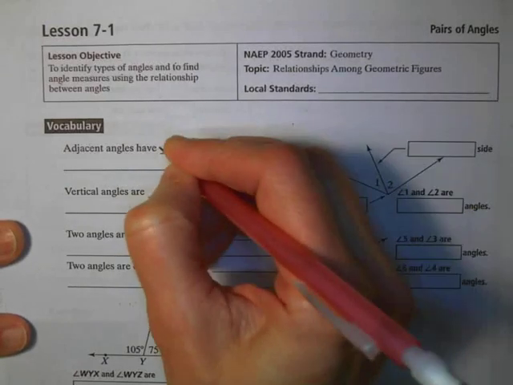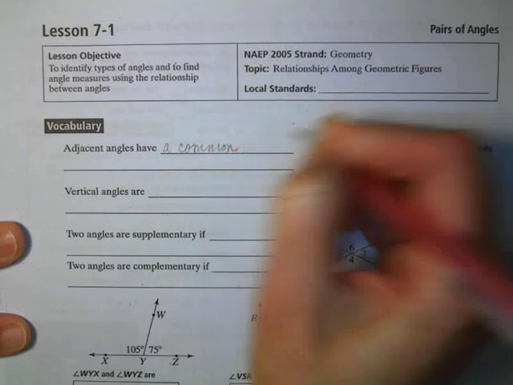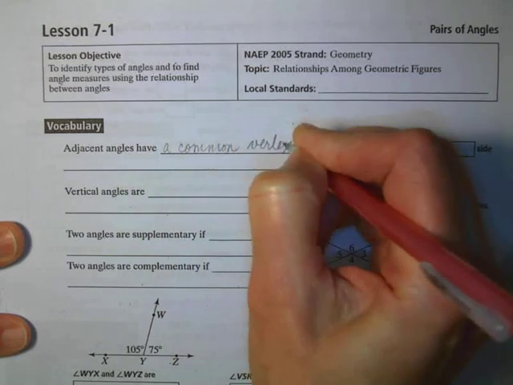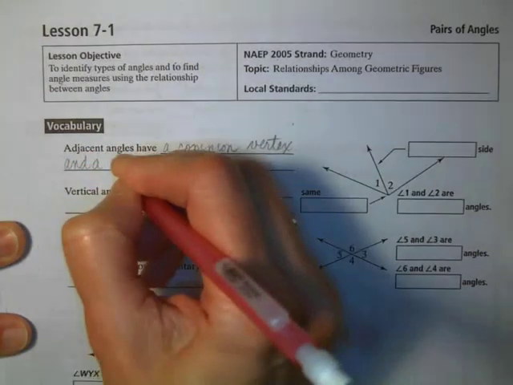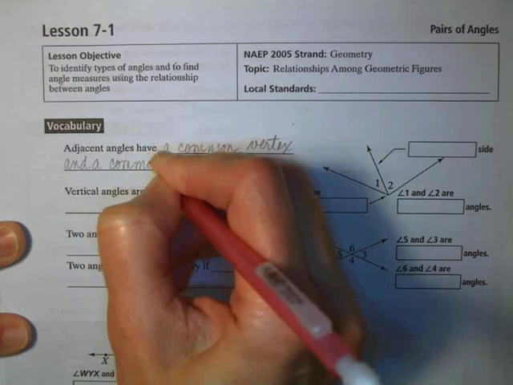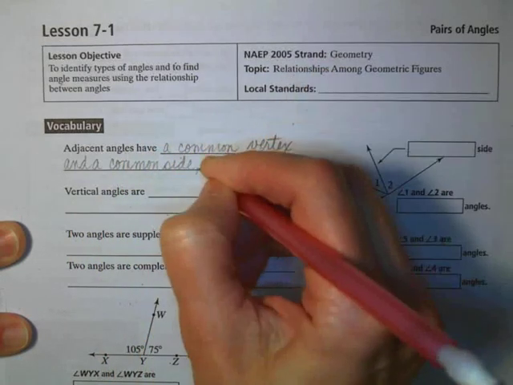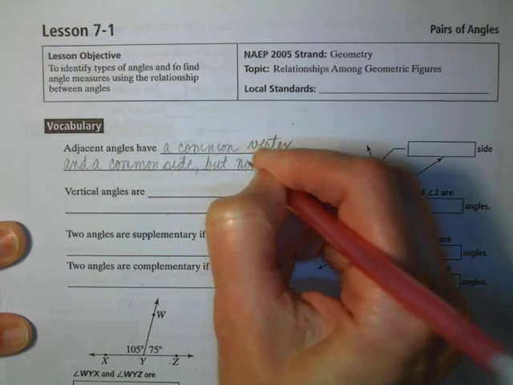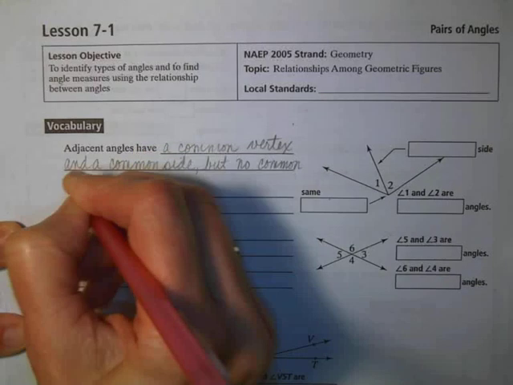Adjacent angles have a common vertex and a common side, but no common interior points.